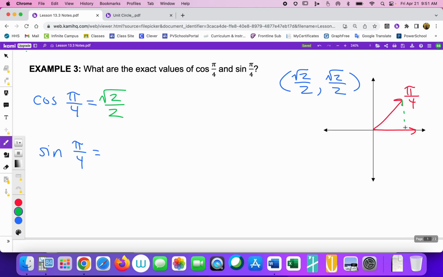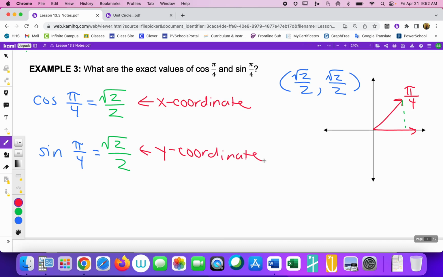So either way, you're going to get here. Cosine is always the x-coordinate on the unit circle. What's sine? It's the y-coordinate, which is rad 2 over 2. So 45 is the easiest one. Sine is the y-coordinate, cosine is the x-coordinate.